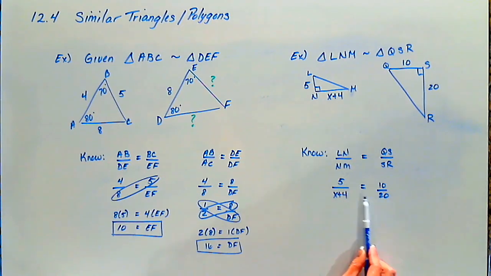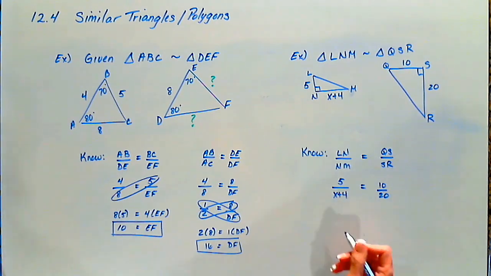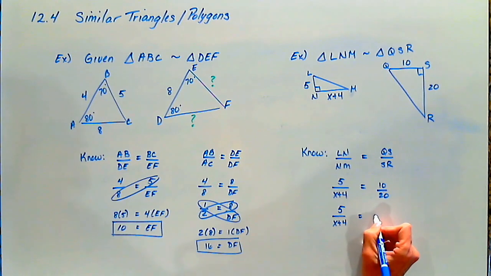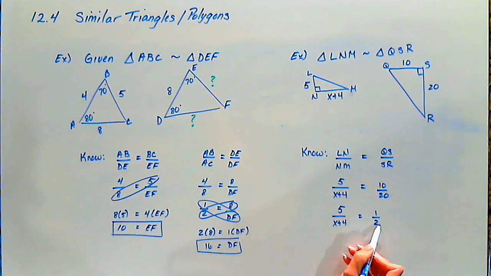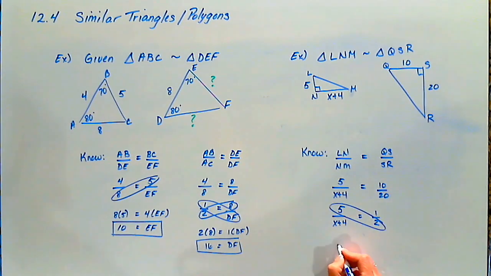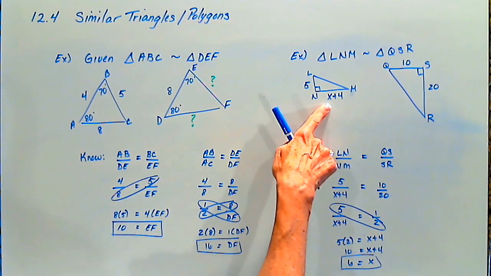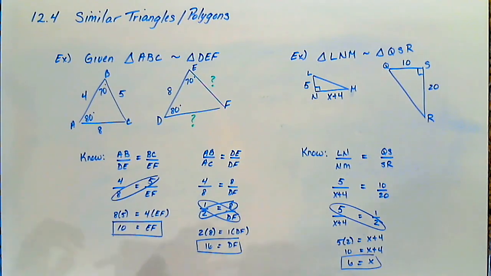Therefore, if I take half of 20, this denominator should equal 10. I'm going to reduce just to make it easier because it's nicer with smaller numbers. And if I cross multiply, I get 5 times 2 is the same as x plus 4. And sure enough, we end up with what we need, which is 6. So that 6 plus 4 does give us the 10 that we were expecting.